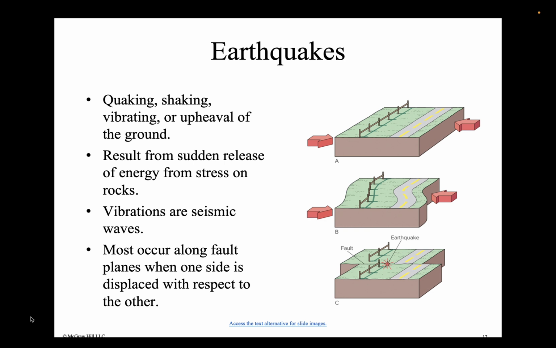So the general meaning of an earthquake is the quaking, the shaking or vibration of the ground, which can result from a sudden release of the energy from the stress on the rock. Let's imagine these three examples here. Here you have a big block of rock, and then you have one stress coming from the left and one stress coming from the right.